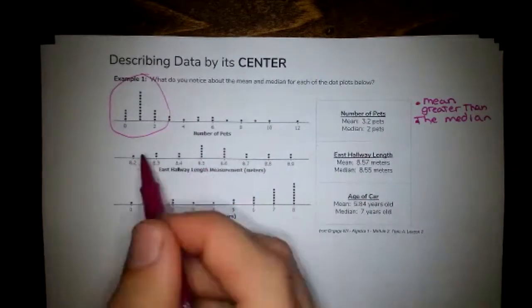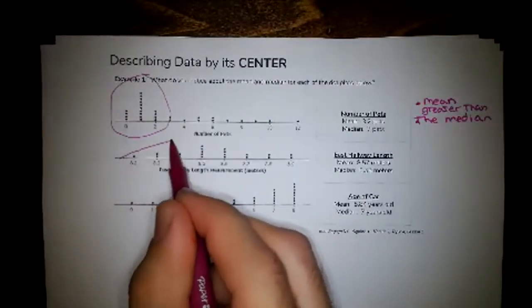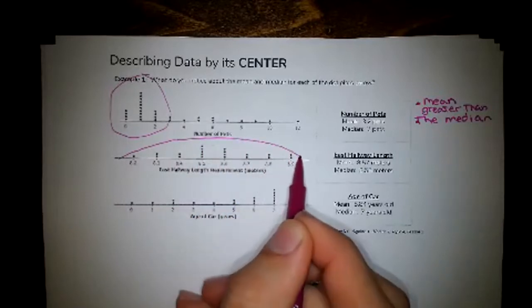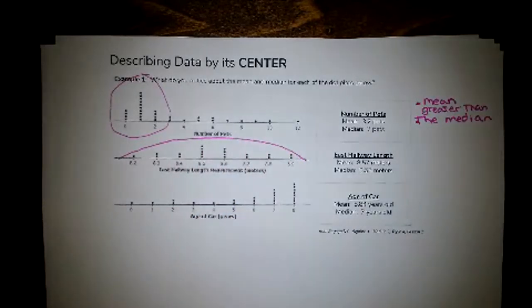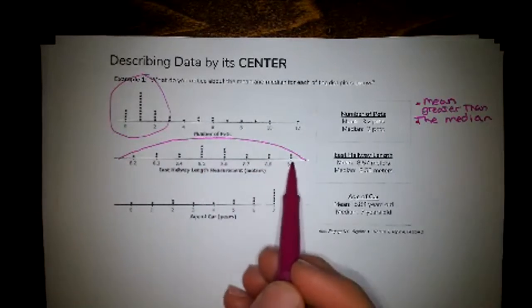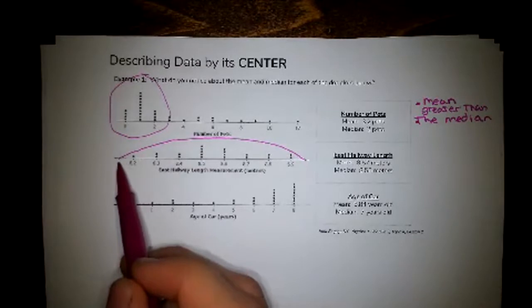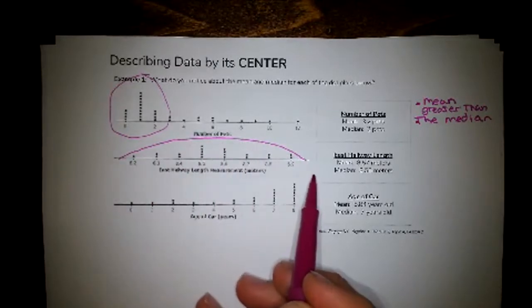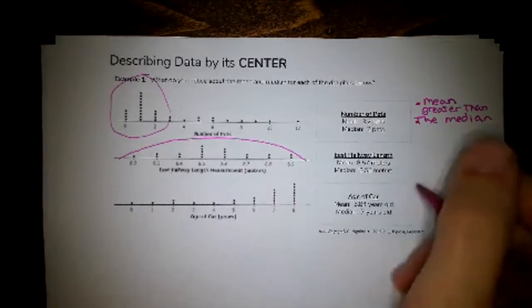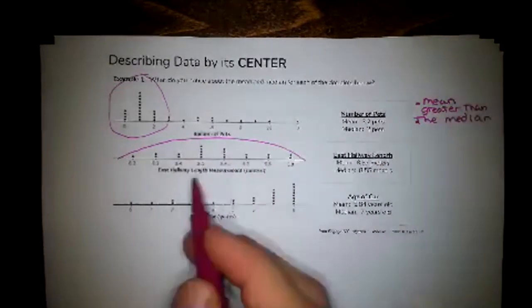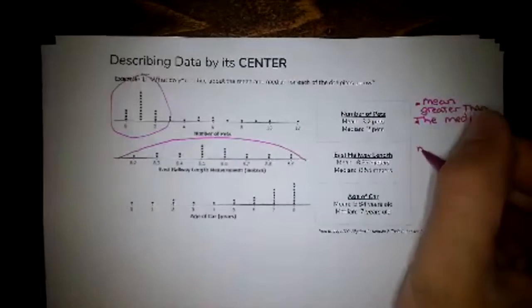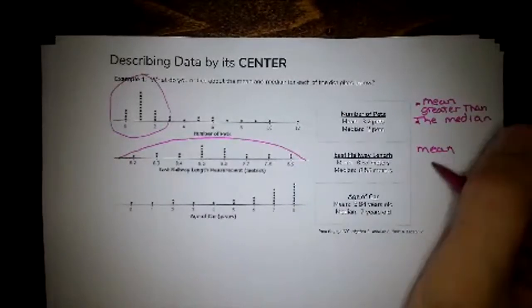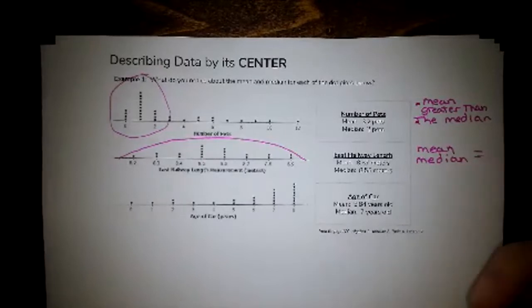If we look at this guy here, we notice that it's pretty even, right? And it's a little different over here. There's 2 instead of 1, but generally it starts low, it goes to high, and then it goes back to low, right? So when there is something like this, the mean and the median are going to be about equal to each other.